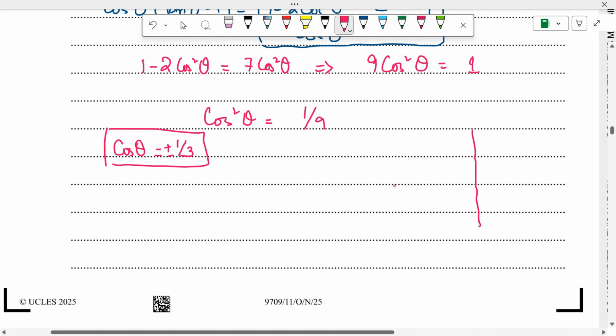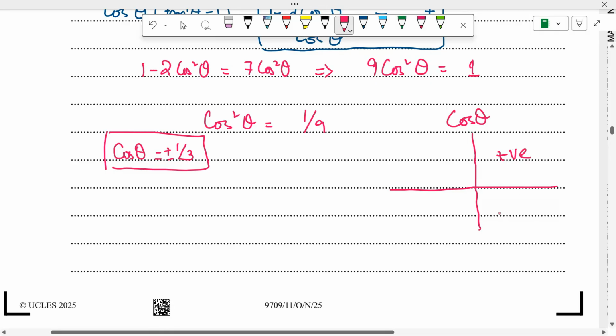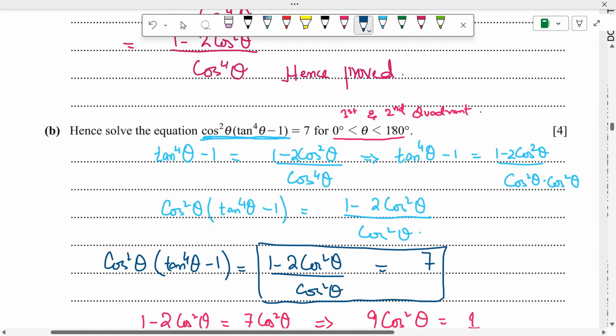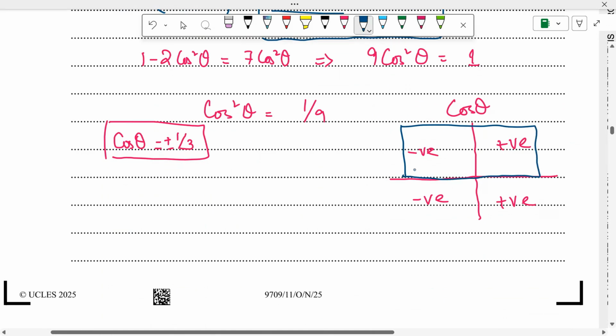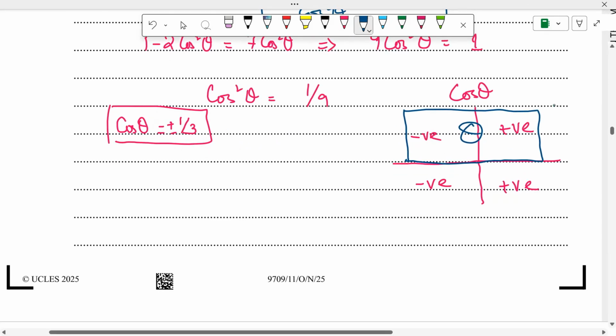And we know that cos of theta is positive in the first and fourth quadrants and negative in the third and second quadrants, whereas we need to find the value of theta in the first and second quadrant. So this is the theta angle. Positive values will lie in the first quadrant and negative values lie in the second quadrant.